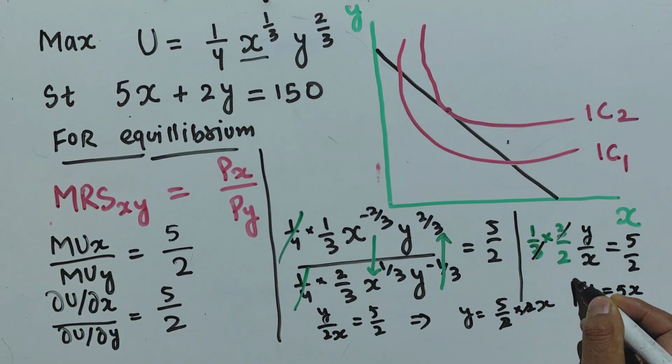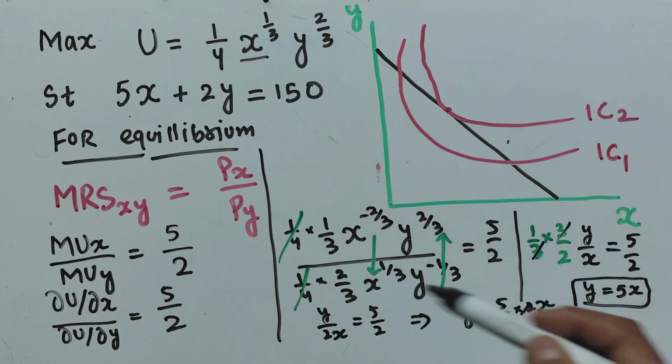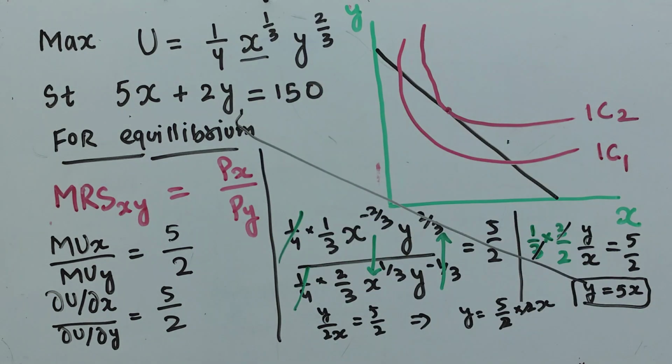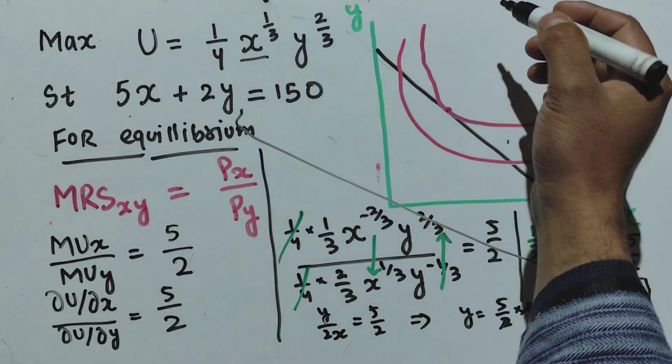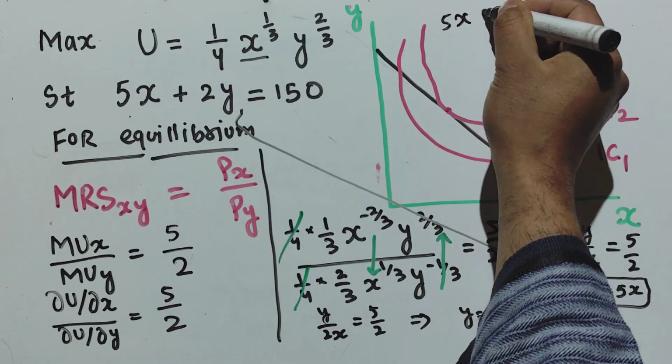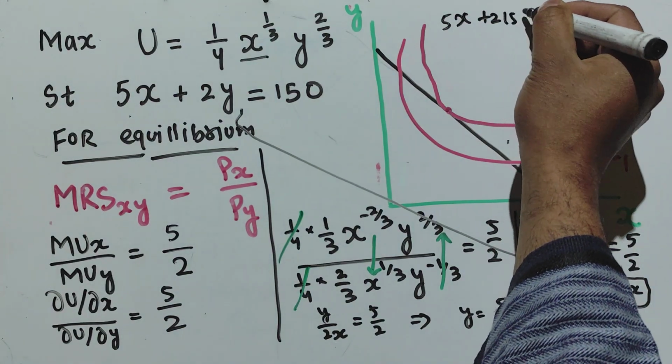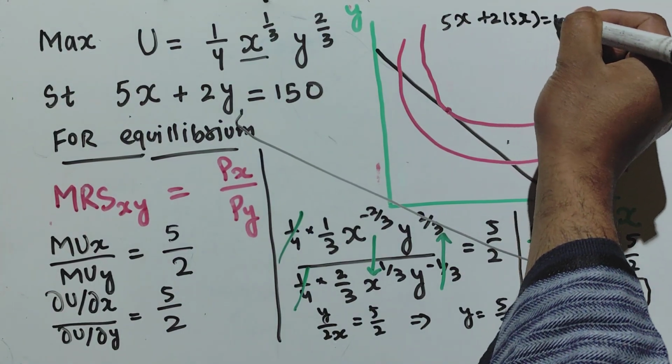Now we plug the value y equals 5x back into the budget constraint. Our budget constraint is here. So we have 5x plus 2 times the value of y, which is 5x again, equal to 150.